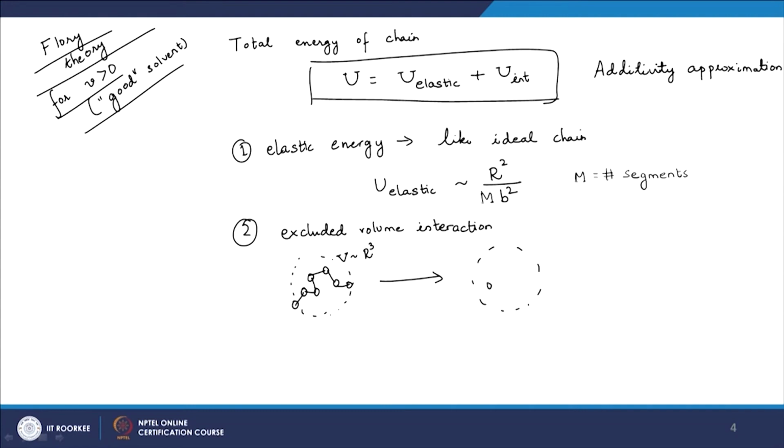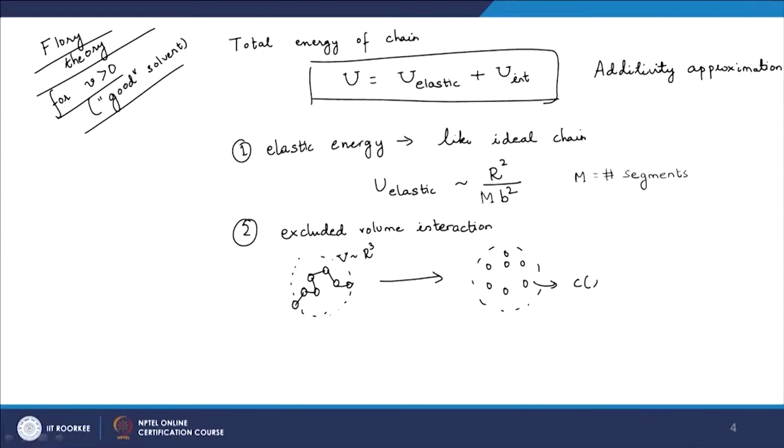We assume these segments are present in this volume with no connectivity between them, and in that case the concentration is uniform, the same everywhere, and it must go like M by R cubed, the number of segments per unit volume.